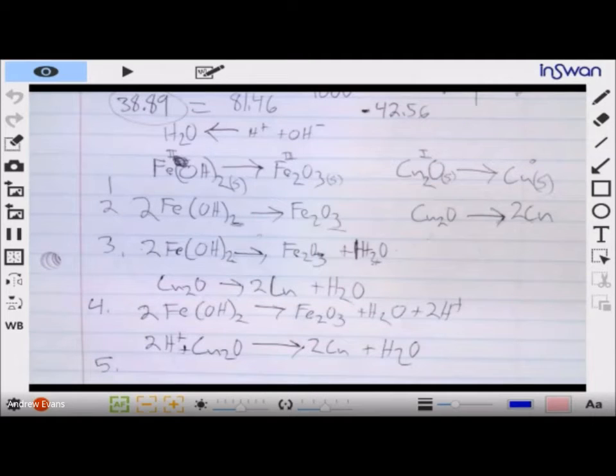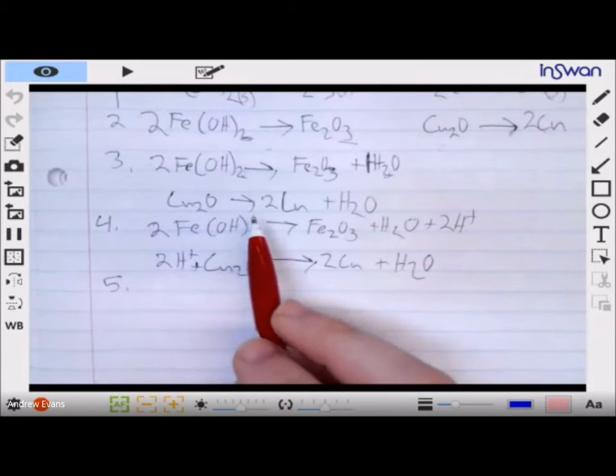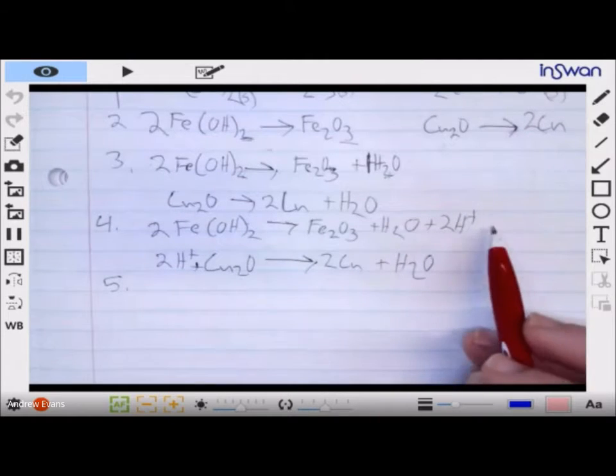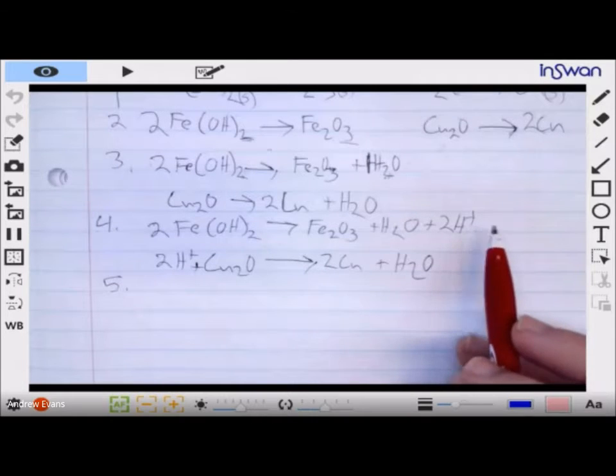We can only add negative, so you have to bring the positive side down to the lower charge. The charge on this side is 0. The charge on this side is 2 plus. So what do we got to do? We have to add 2 electrons.